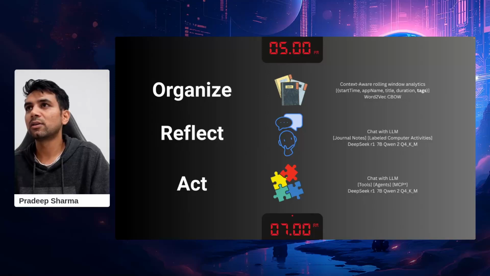And second is automated data collection. And in that, what do we collect? Computer activities. And in computer activities, we collect only the app name that you are using and the title that you are using, and we create a timeline of that. So if you think of what we are doing here, we are letting this app go through the same experience that you had gone through today.